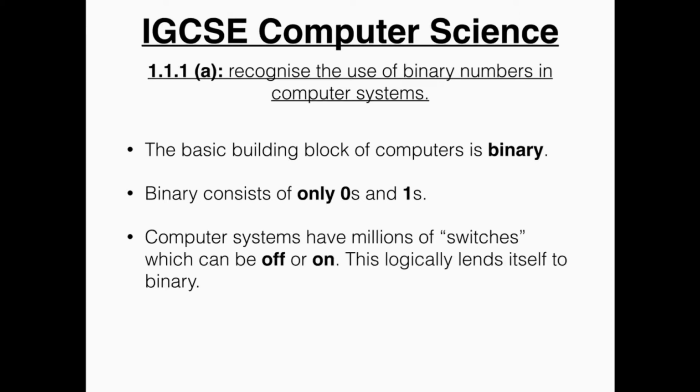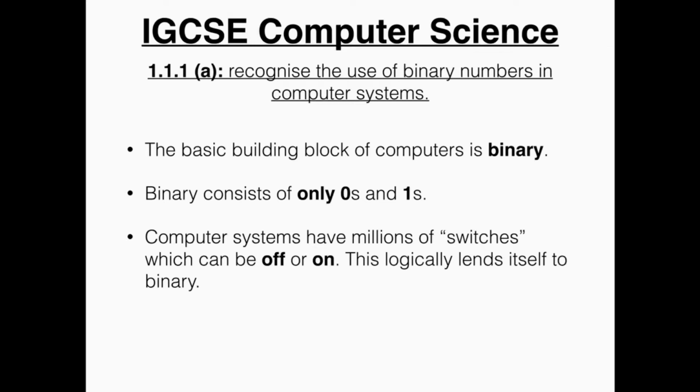Computer systems have millions of switches, which can be off or on, and this logically lends itself to binary. If you think about your computer, which is in front of you right now, it could be a phone, a laptop, or whatever, it contains millions of tiny switches, which can be off or on.